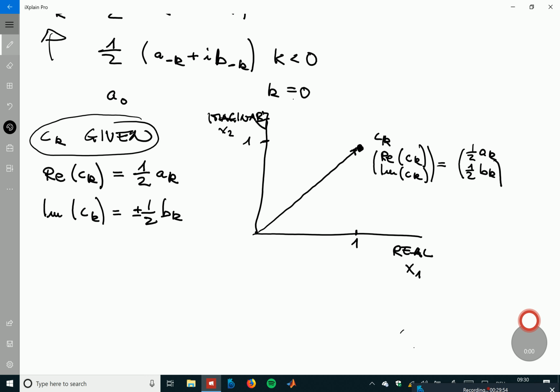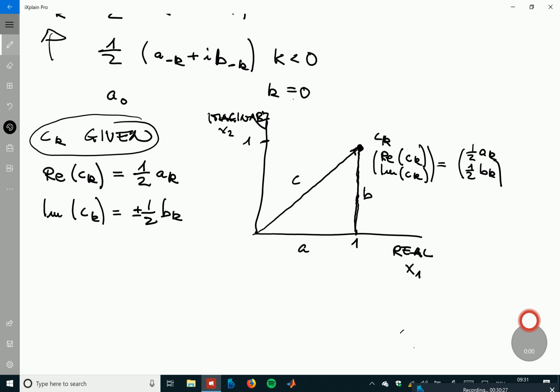Then the length of this vector, if you remember some high school trigonometry, is given by the Pythagorean theorem. Let's call this, to confuse you, x, and let's call this a and b, because it was always called a and b, and this is c.